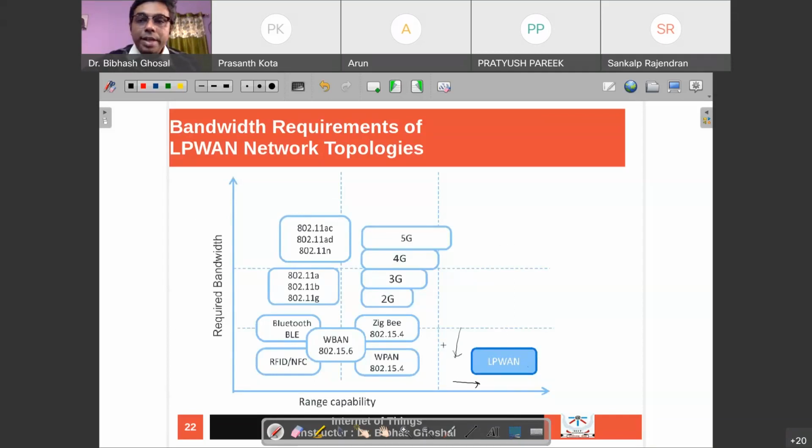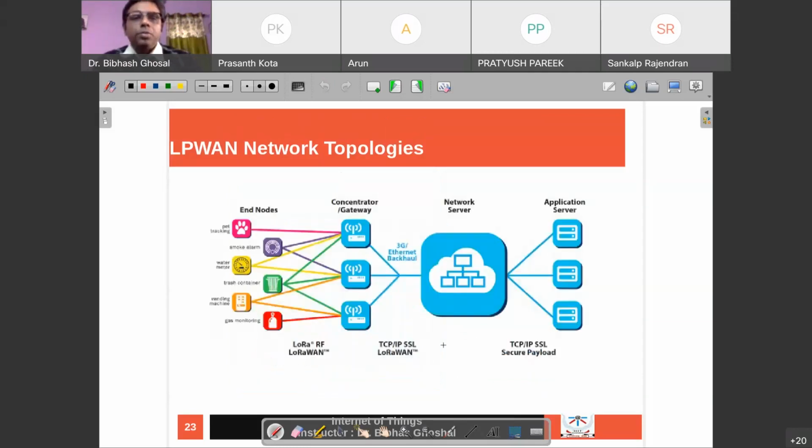Here stand these technologies. A lot of technologies have evolved over the years. In a few of them, the device connects directly to the network. In some cases, it uses something called a gateway, which is like a repeater, because many times the device does not have sufficient power to send directly to the network.